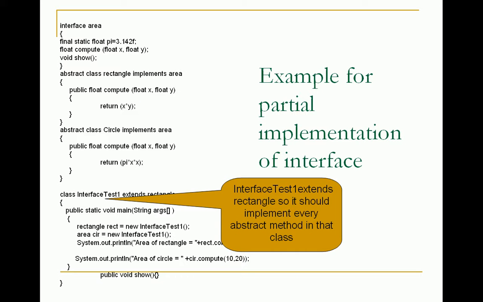Then we have the class interface test1, which extends the rectangle, so it should implement every abstract method in that class. Hence we have written the void show method within the interface test1 class. Here the interface test1 class extends the rectangle class.